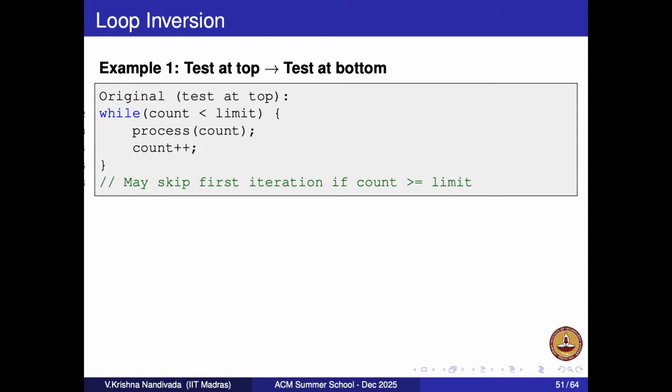What about while and do while? Is there a difference between the two? This is common, right? In a while loop, you test the condition first, do some processing, and then at the end or somewhere, you update the count. This is the while loop.